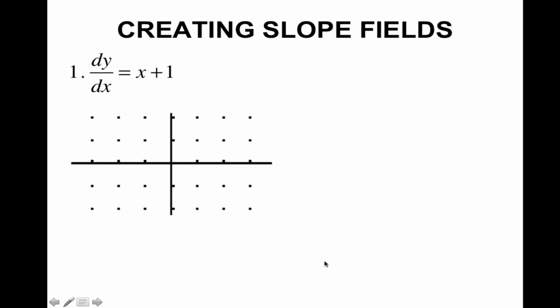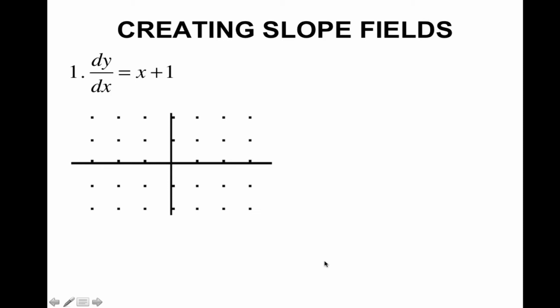All right, now how do we create a slope field? You will be given some differential equation, such as dy/dx equals x plus 1, and you'll be given what I call dot paper, which will help you draw a slope field.